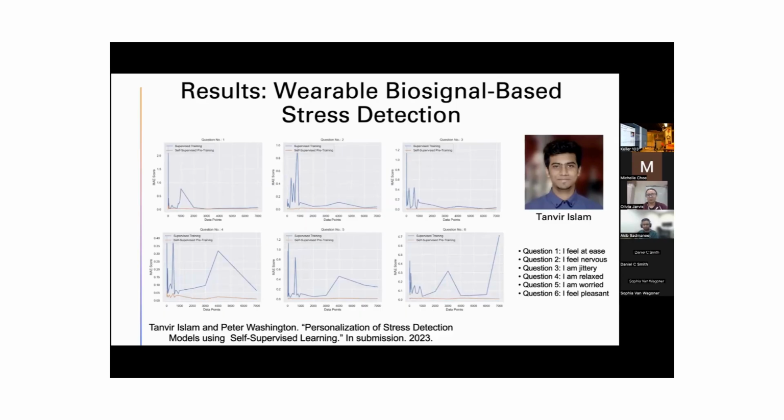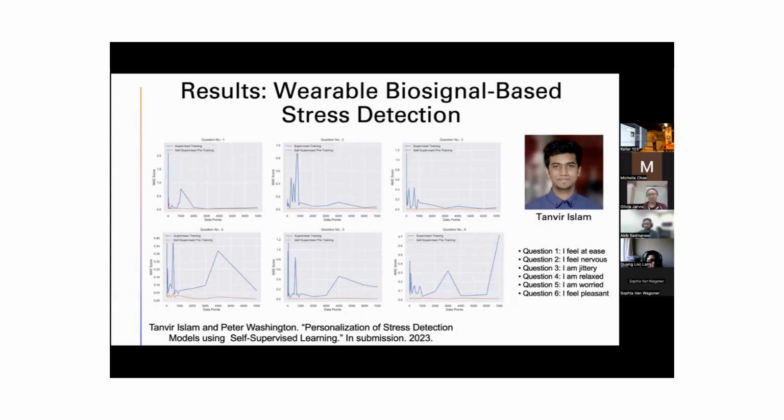It's kind of hard to see, but the blue line represents a model trained with regular supervised learning on a deep neural network. The orange line represents one pre-trained with self-supervised learning, and the x-axis represents the number of data points used to fine-tune the model. So how many data points were actually used to train the stress detection. And we looked at this for 6 different questions.